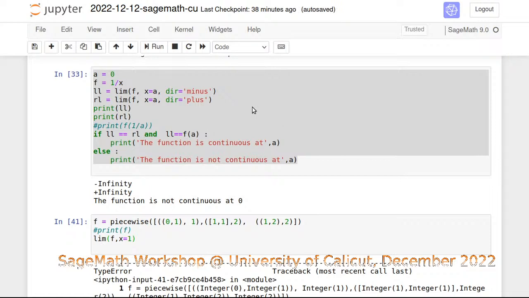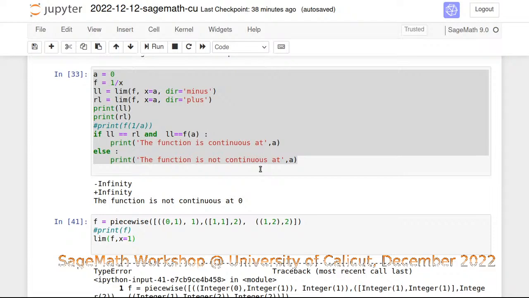Okay, so the suggestion is that I need to use something slightly different, a tool available in SageMath itself.